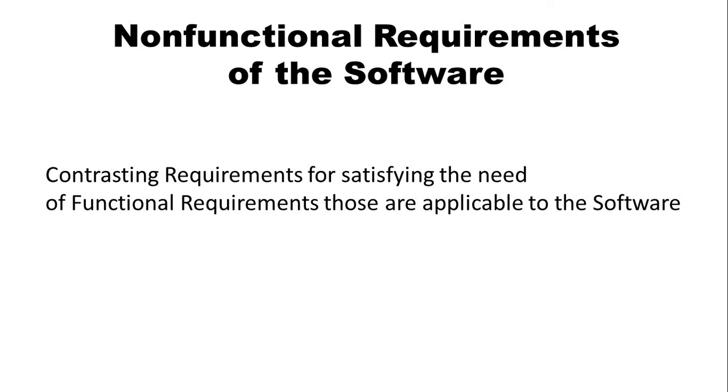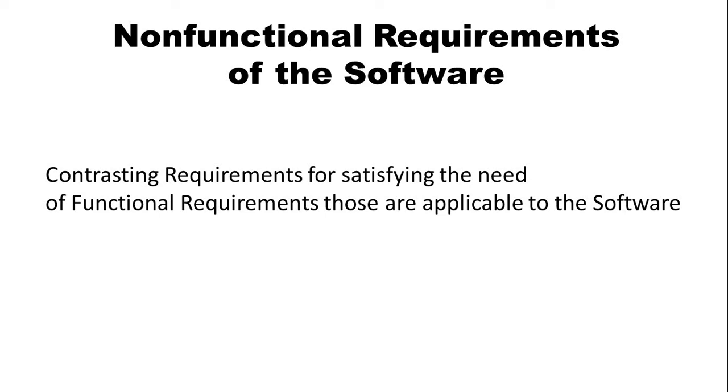Now, non-functional requirements of the software. These are actually contrasting requirements for satisfying the needs of the functional requirements that are applicable to the software. As I have already told you, the client will give the functional requirements. The non-functional requirements are the contrasting requirements for satisfying the needs of the functional requirements which the user has given to the developer, that have to be implemented in the software.